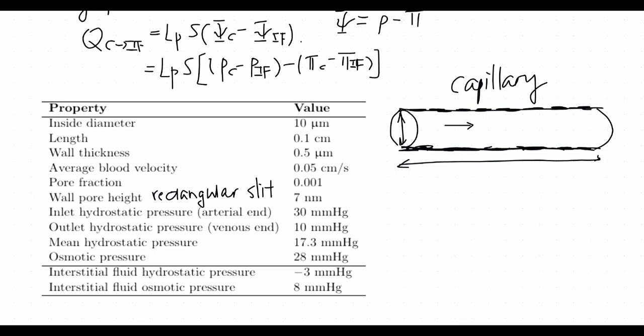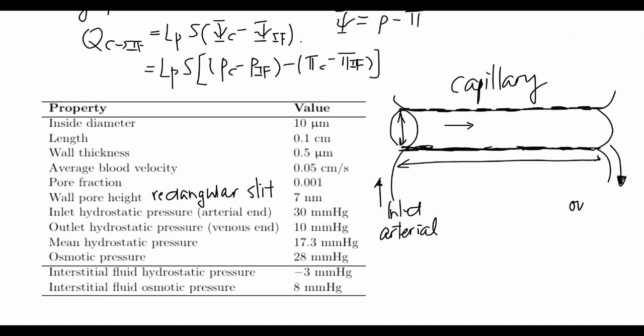So now for the capillary, we know that they are connected to the artery. So then they exit. So this side is considered as the inlet. Now this is also the arterial end. And when blood leaves the capillary, this is considered as the outlet.